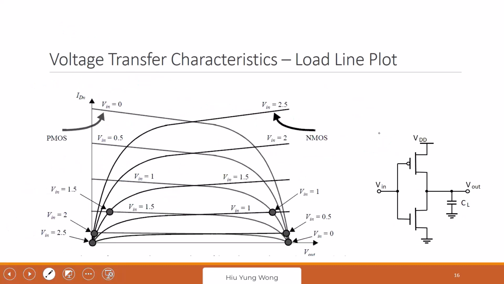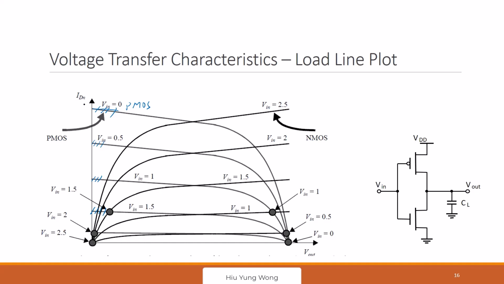If we get this curve, then we can overlap it with the NMOS, because this is IDN, this is V out. So which one is NMOS? This is NMOS. NMOS is like this. And then PMOS, these are the PMOS. And then we say that they should have the same current, because both of them are on the same scale.